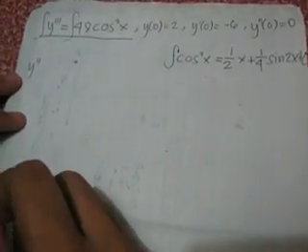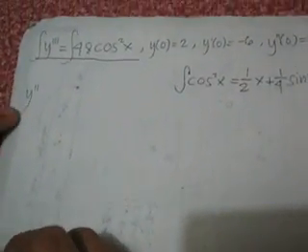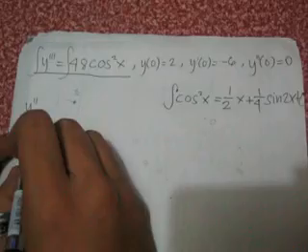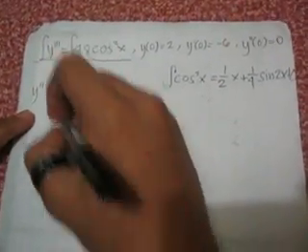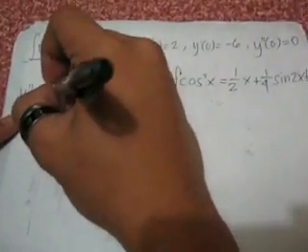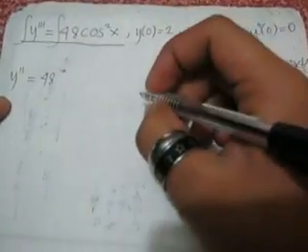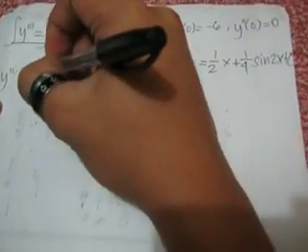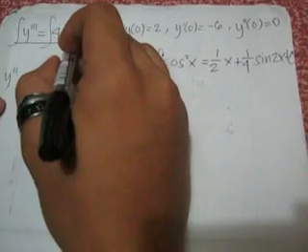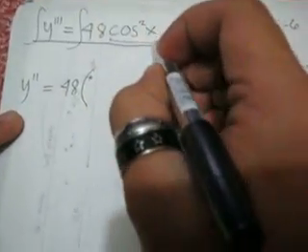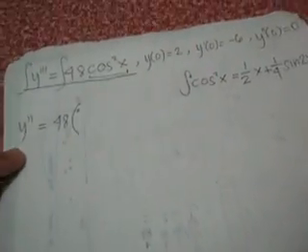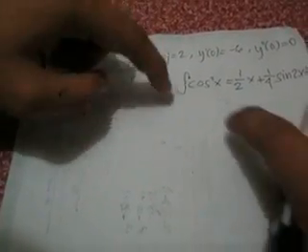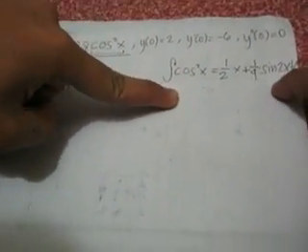y double prime, since we did integrate this y triple prime, equals 48 times this expression. When we derive this expression, this is the result.